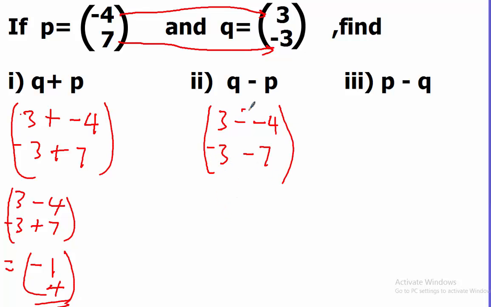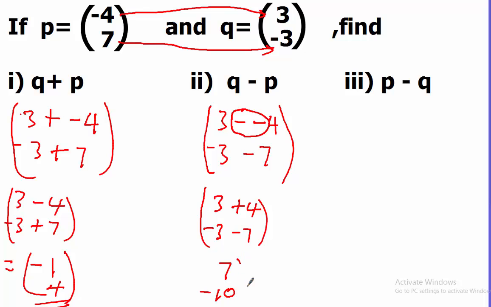Right, so two negatives together here will give us positive, so it's going to be 3 plus 4, then negative 3 minus 7. 3 plus 4 is going to give us 7, then negative 3 minus 7 is negative 10. Good, so I hope you got it.